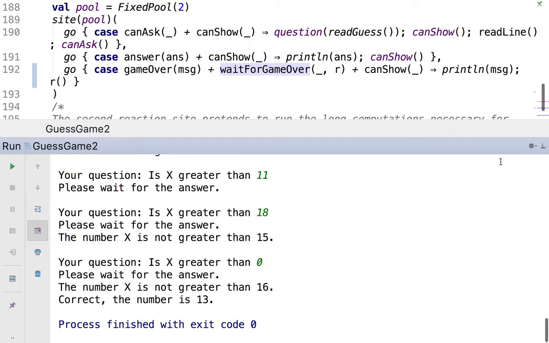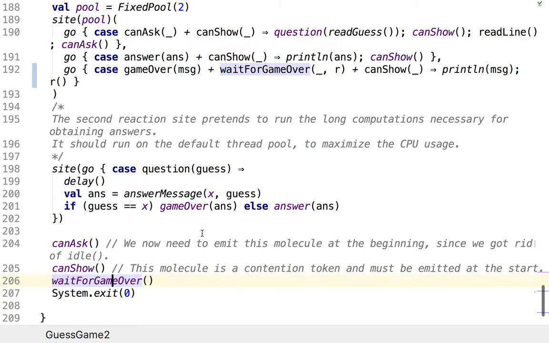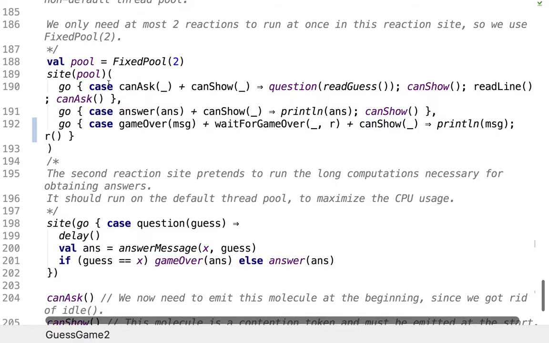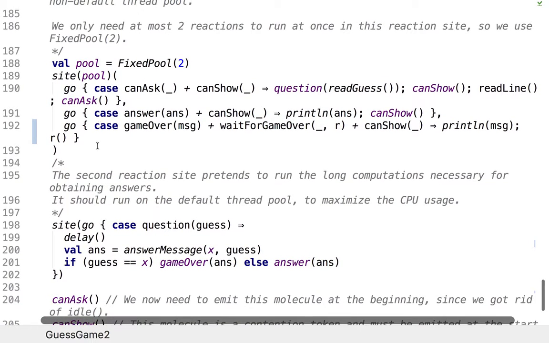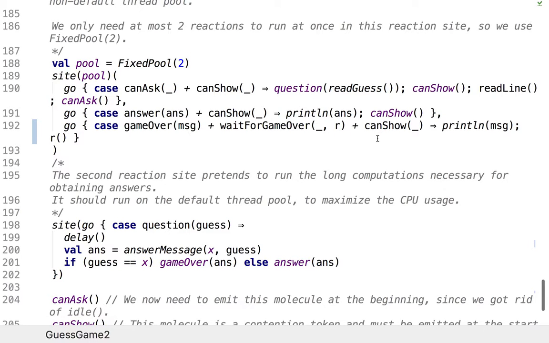All right, but in any case, we fixed the bug that was there, and we fixed it by adding an extra thread pool and splitting a reaction site into 2 reaction sites by reasoning about which reactions we want to run in parallel and which we do not want to run in parallel.